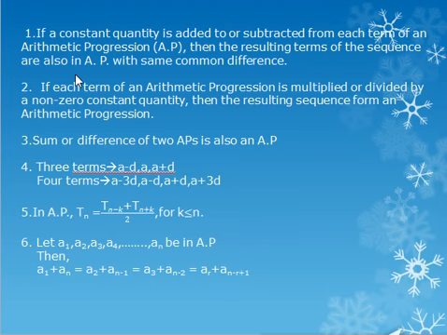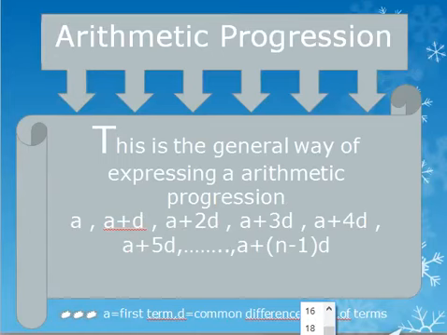Okay, so that is our first property. And the second property: if each term of an arithmetic progression is multiplied or divided by a non-zero constant quantity, then the resulting sequence forms an arithmetic progression. It's basically the same logic.